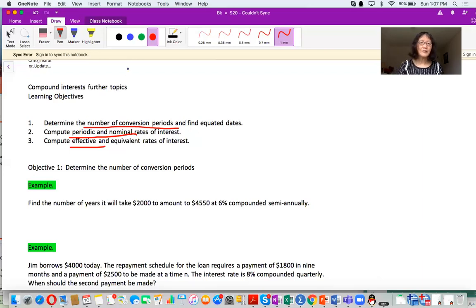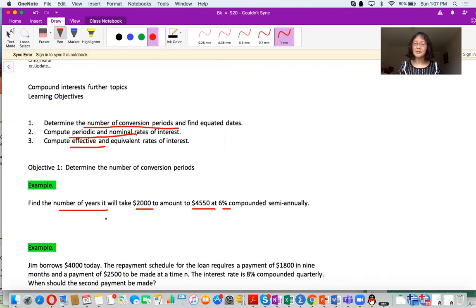find the number of years it will take $2,000 to amount to 4,550 at 6% compounded semi-annually. How long will it take $2,000 to become $4,550?